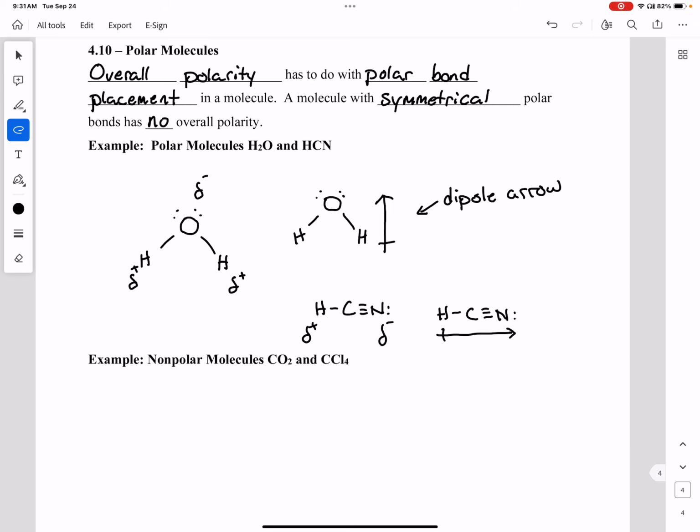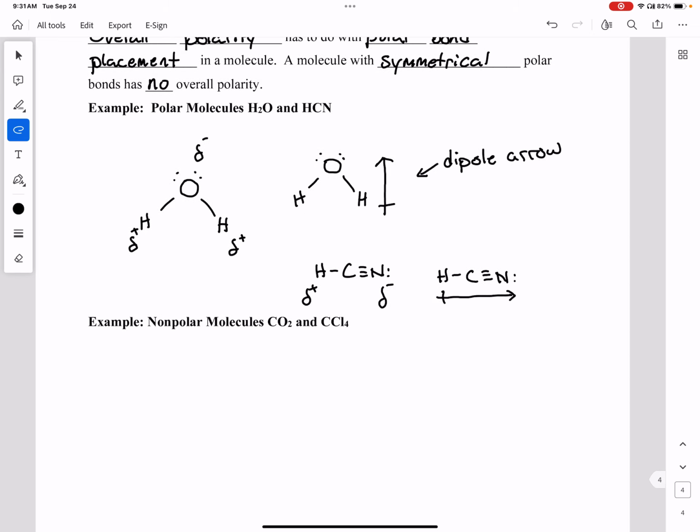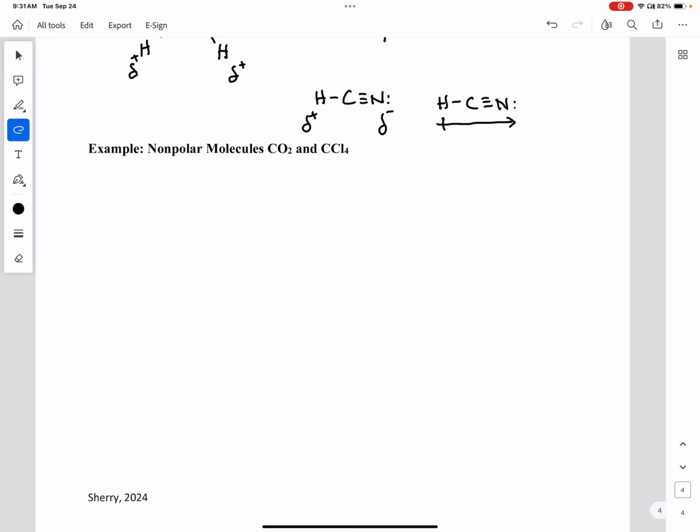Now let's look at some examples of nonpolar molecules. So CO2, it's got two slightly negative areas and slightly positive in the middle, but the dipoles cancel each other out.